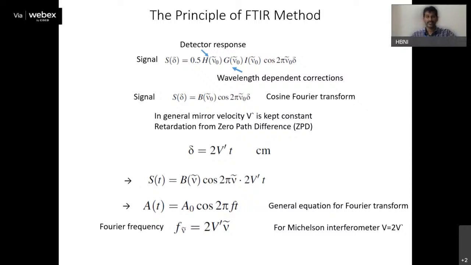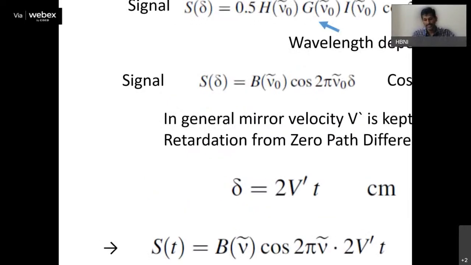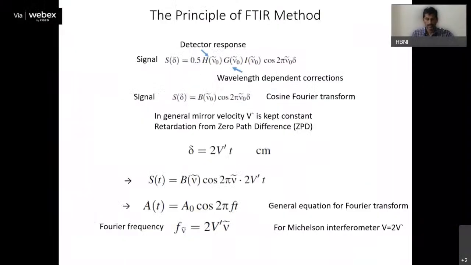Then you have a wavelength dependent correction that comes from the reflectivity of the mirror or beam splitter, etc. You can include and add all these contributions, and finally we can write the equation: the signal S falling on the detector is some constant which depends upon the wave number, times the cosine of the retardation. So the signal on the detector is basically the cosine Fourier transform of nu 0 bar. This is for a particular wave number.